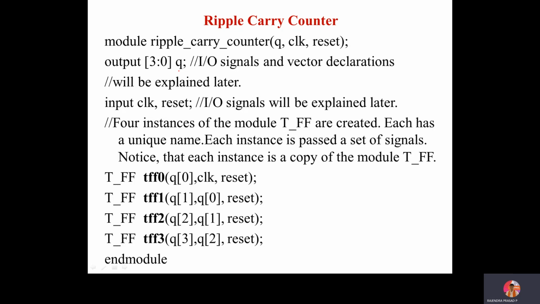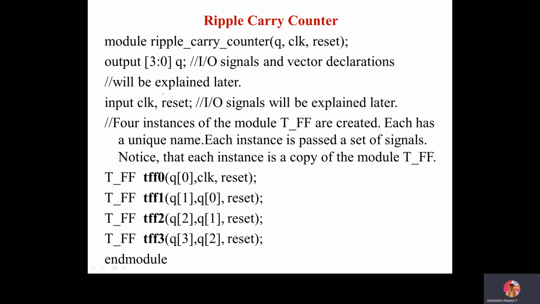It is not a scalar. So you can observe here input, output, signal, and vector declaration. And these dashes or slashes are nothing but writing the comments. The double dash will be explained later. Then what are the inputs I have given? Input clock and reset.